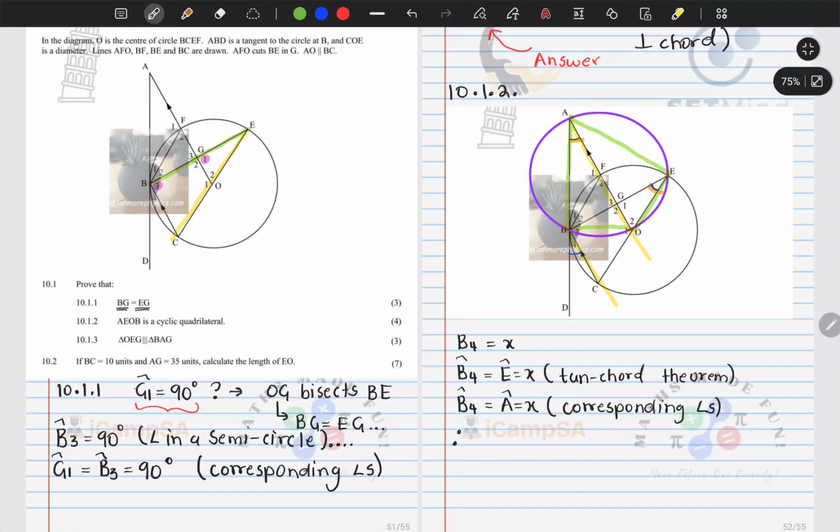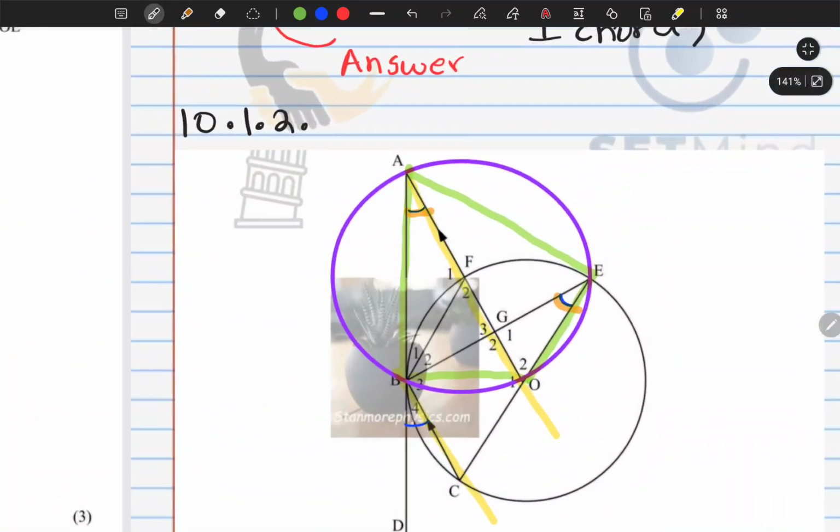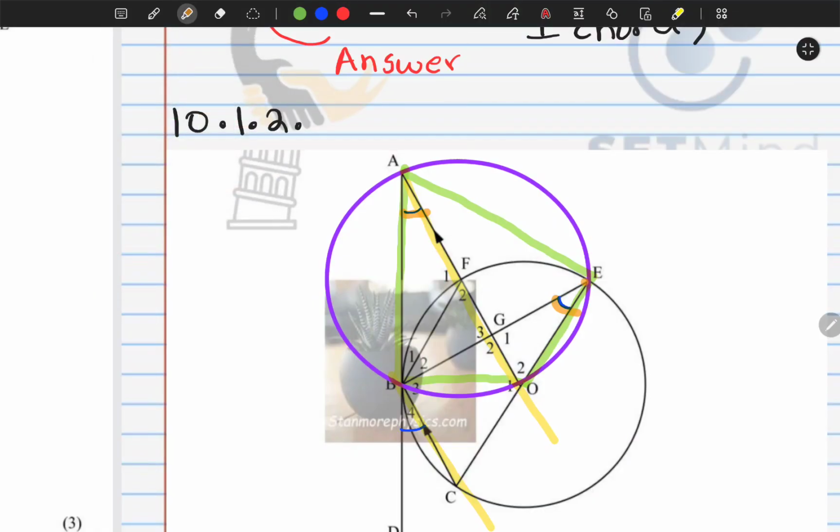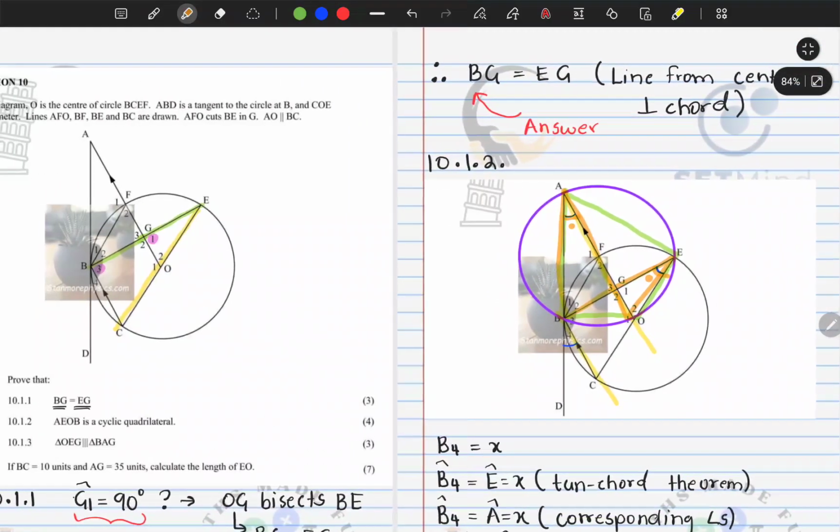So you will therefore see that angle A and angle E are equal. Now, if you think carefully, in this setting this satisfies the conditions you would have for a cyclic quad. Look at what I mean. If you look at this now, you will see that those angles there are equal.